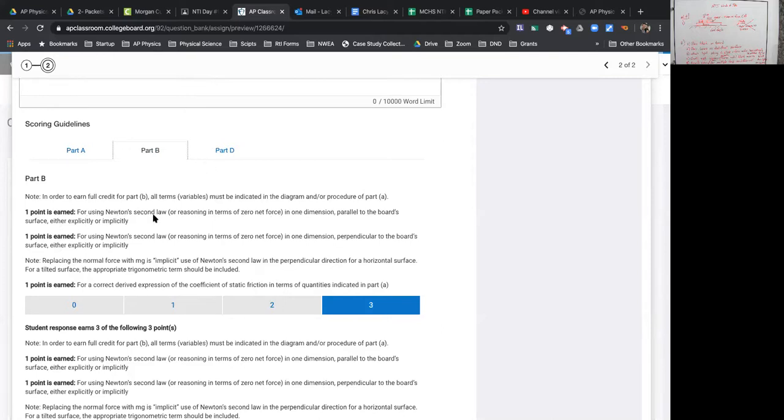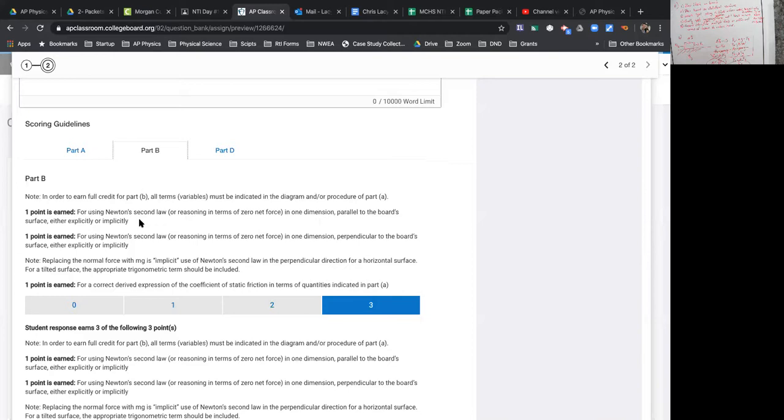For using Newton's second law, 1 point for using Newton's second law in one dimension parallel to the board's surface, either explicitly or implicitly. I did not do that. Did I? I've got Newton's second law written down here, but I did not do it from the point of view of one dimension parallel to the board surface.